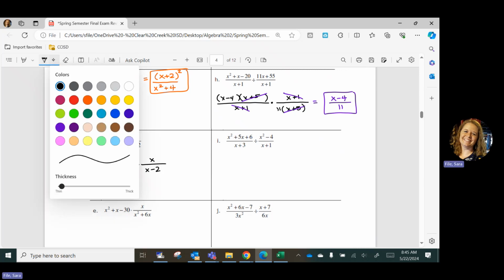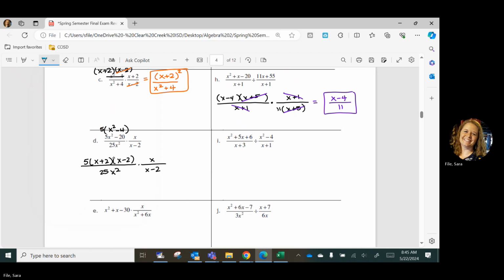But now it's time to see what will reduce. X minus 2 will. This x up here will reduce with one of the x's here, so that's not squared anymore. And the 5 over 25 will reduce to 1/5. So that leaves me with x plus 2 over 4x.